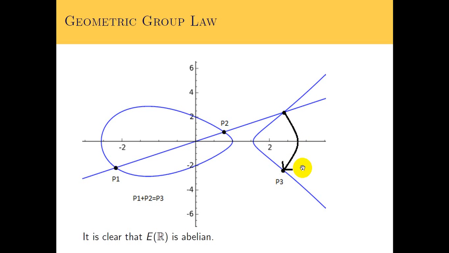And it's an abelian group. The reason it's abelian stems from the fact that P1 plus P2 is the same as P2 plus P1, because I'm still connecting the two with a secant line, and the result will still be the same. The third collinear point is still going to be the same, so when I reflect it over the x-axis, it's still the same. That's how the group law works out geometrically.